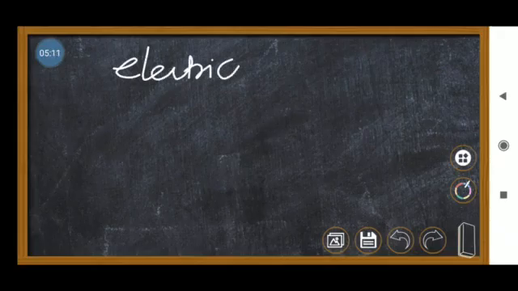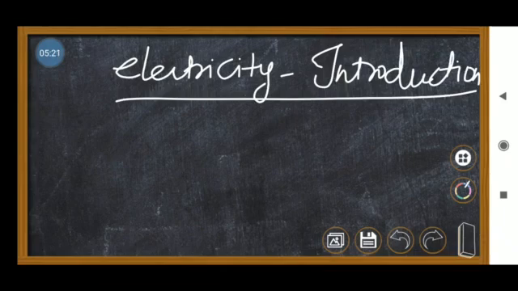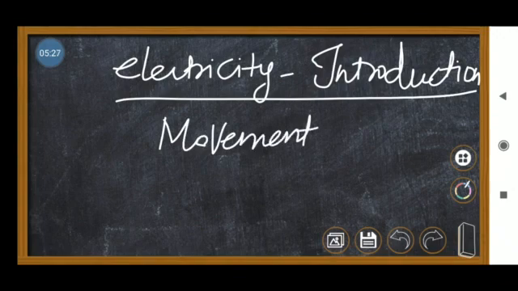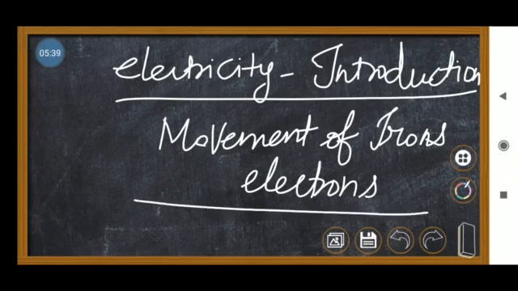First, what is meant by electricity? The introduction to electricity: the movement of ions or the movement of electrons is called current.